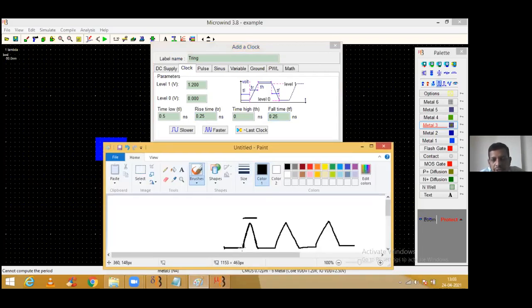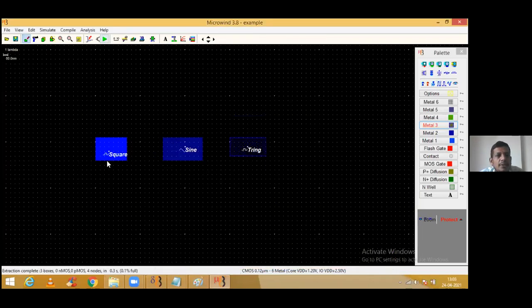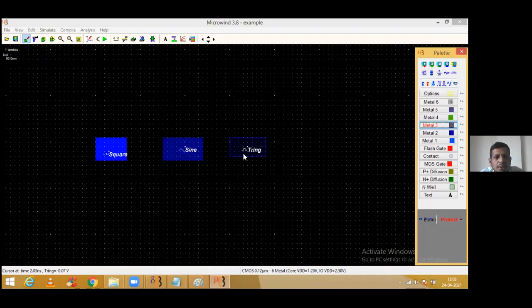Likewise, we need a certain TL. TR, whatever I'm having, should be exactly equal to TF. Likewise, continuation, it's a clock that I added. And guys, TH should be equal to 0, am I right? Assign that one and try to simulate this. Look at that, that will suffice. Again, you can do it like this.